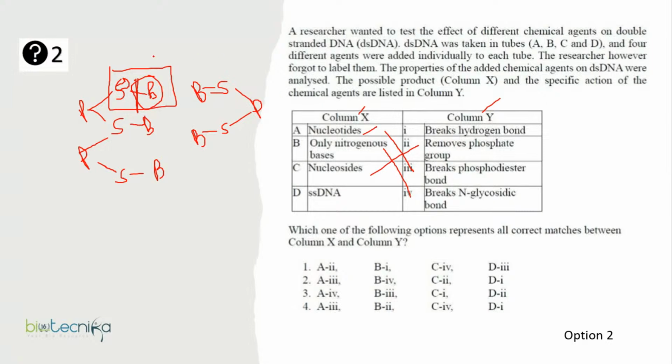And if you want to get only a single stranded DNA, you have to break the hydrogen bonds. So single stranded DNA can be obtained by breaking the hydrogen bonds. Okay, so you have to be very thorough with the different bonds which are present in your DNA. All right.